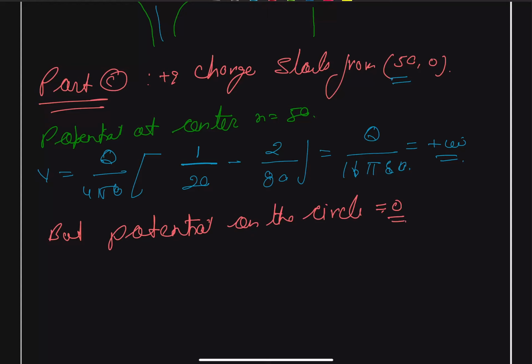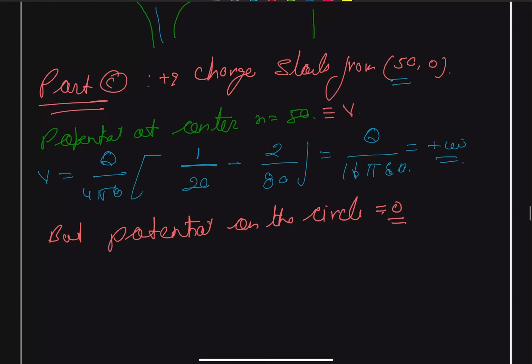Okay, so the potential at the center, let us call this Vc, and on the circle, let us call this V0. By making the comparison, we can say our Vc is greater than our V0.